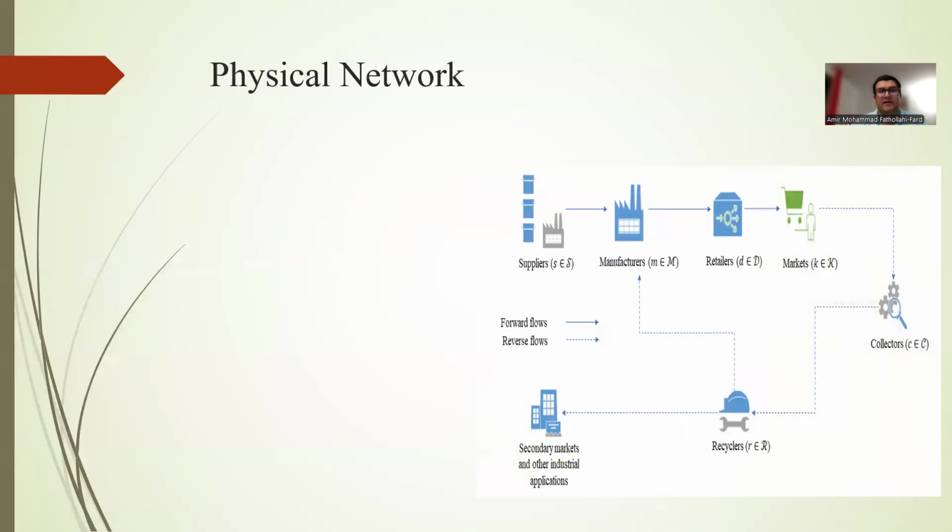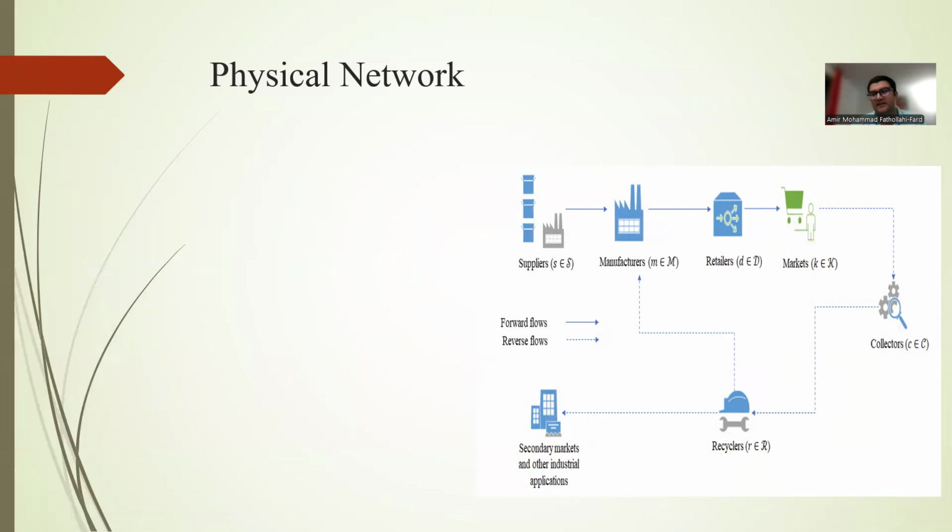To define the physical network, we should highlight that it is divided into forward flows and reverse flows. In the forward flows, the flow starts from the suppliers who are responsible for providing raw materials.